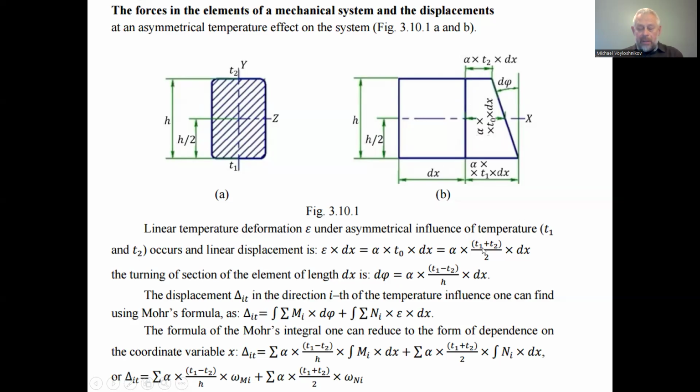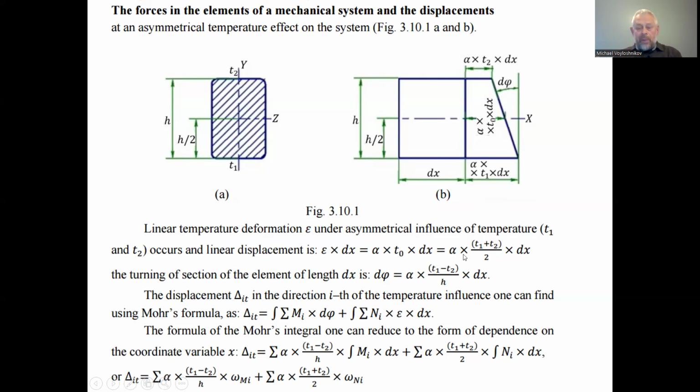This is a middle temperature, as we can find assuming linear distribution of temperature inside of this segment of the beam. The middle temperature on the midline of the transverse section of the beam is just a fraction: in the numerator T1 plus T2, the temperatures on two sides of the beam, divided by 2. This is the temperature of the midline.